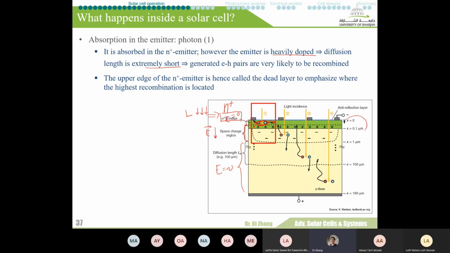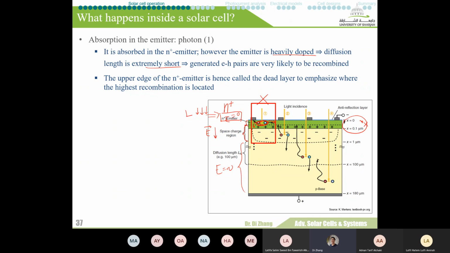Even though the emitter has only 0.1 micrometer thickness, the diffusion length is even smaller, much smaller than that. This means that when you generate electron and hole pairs in the N+ emitter, they will immediately be terminated by recombination. In other words, most of the time we cannot expect electricity coming from photon number 1.